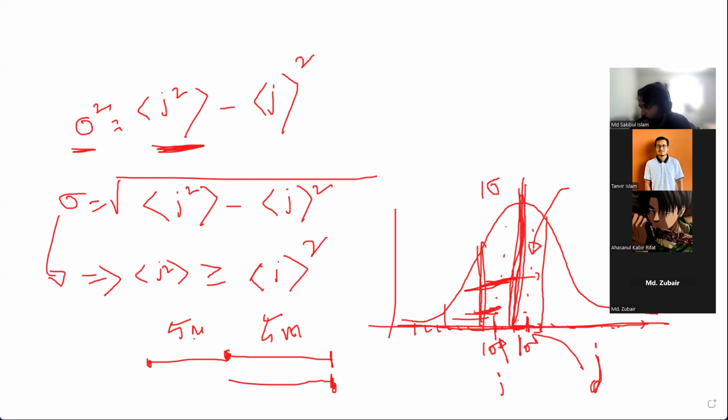It tries to give you an abstract idea from the sigma value: what is the distance from the average? It could be on the right side, it could be on the left side. It does not tell you what the value of j is. It only tells you the distance. So that is one intuitive idea why it should always be positive.